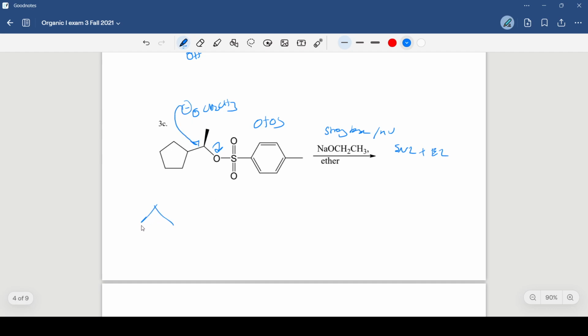We're going to get that, that's our SN2 product. And then we still have to do the E2 product. So this is a secondary. So what we do is we would either attack this hydrogen, move this here, move this here.